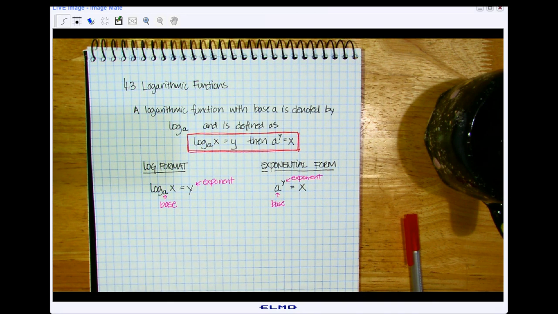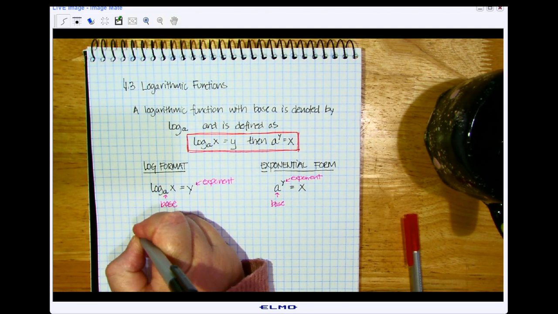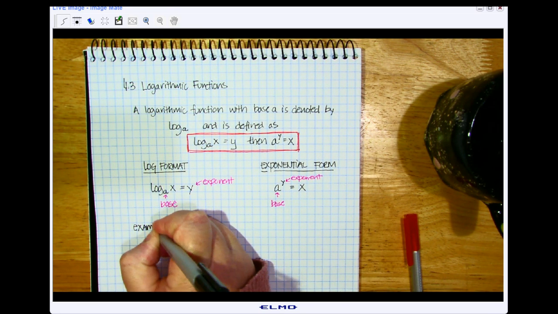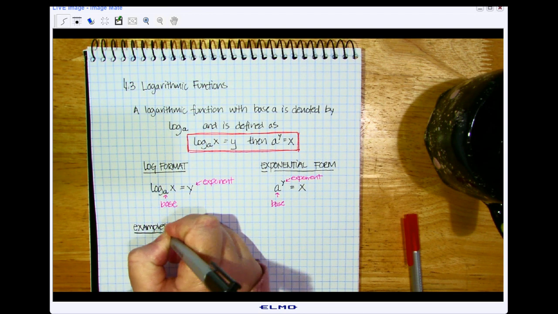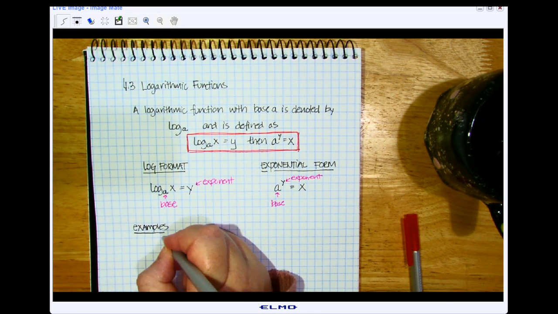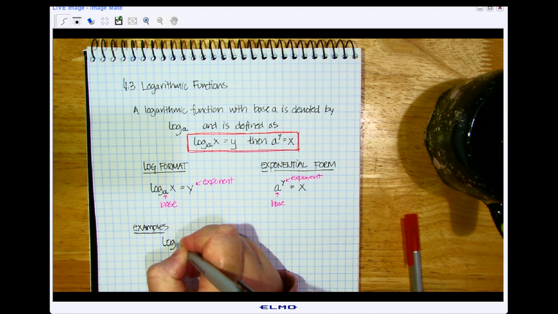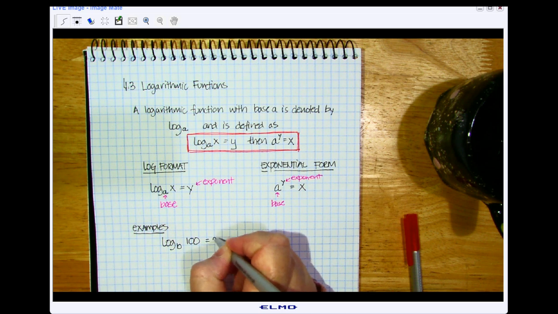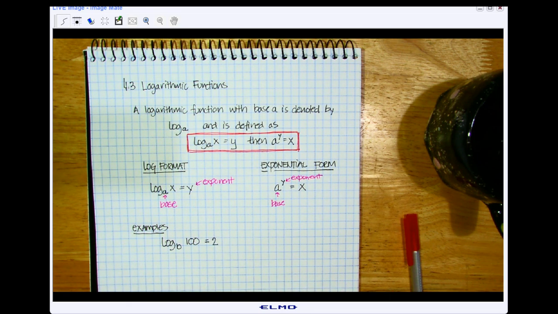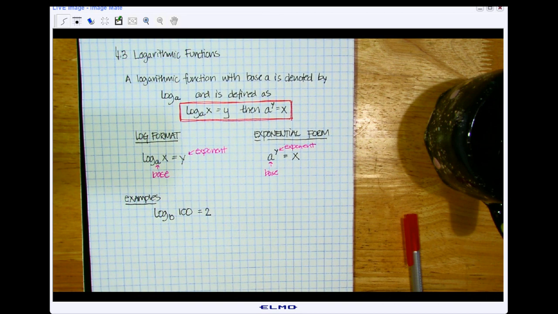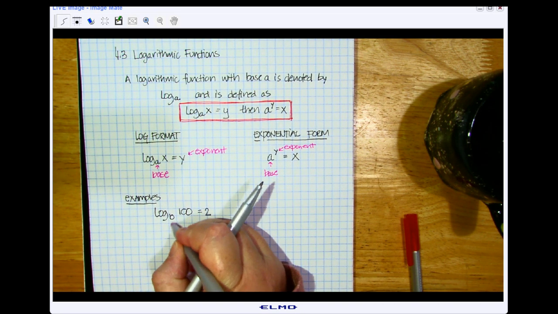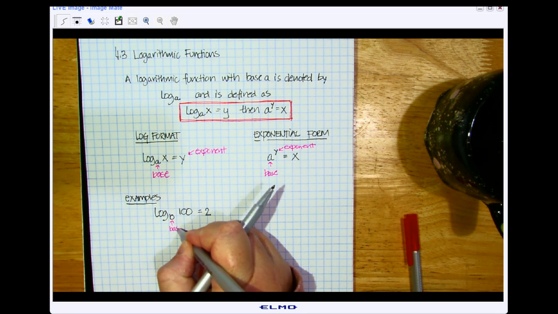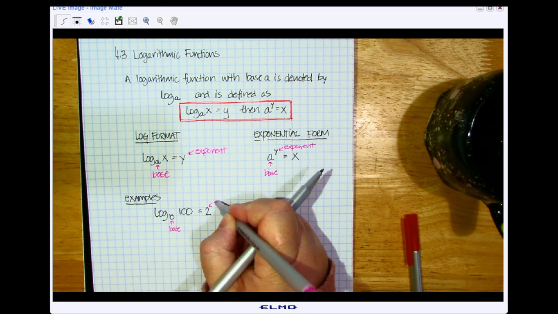Okay, some examples. Log base 10 of 100 is 2. Remember, the 10 is our base, the 2 is our exponent.